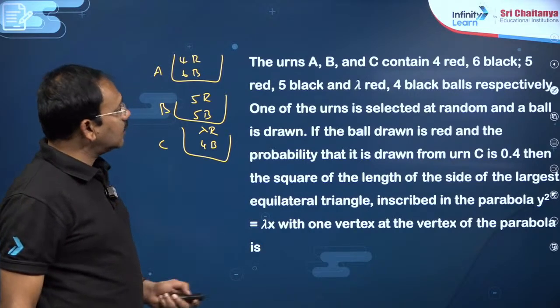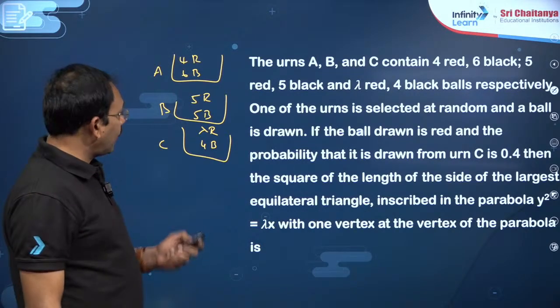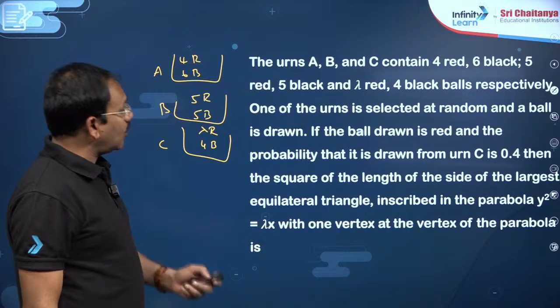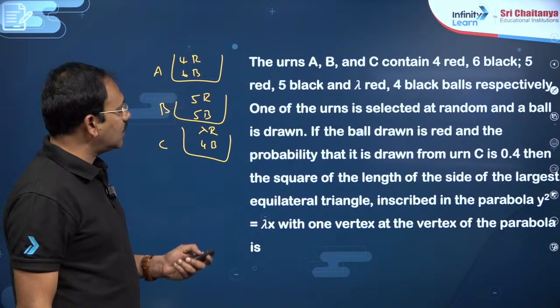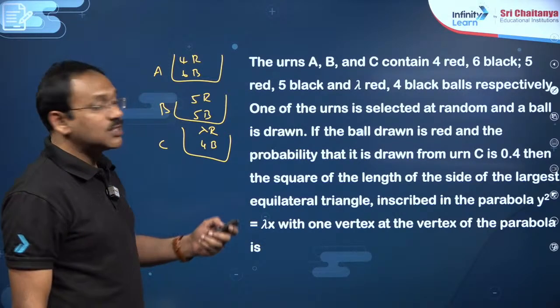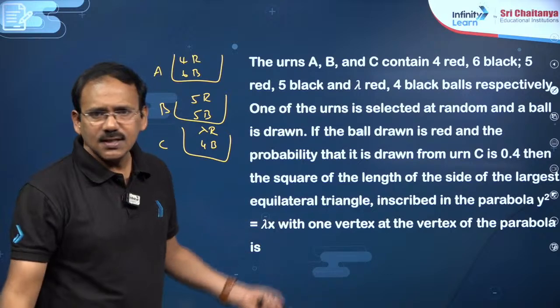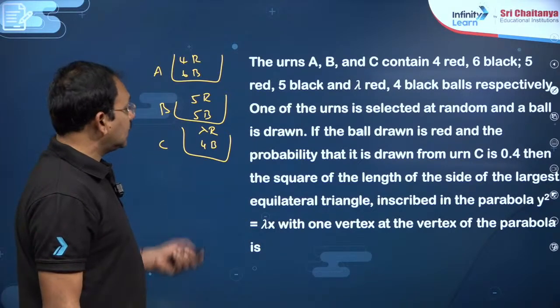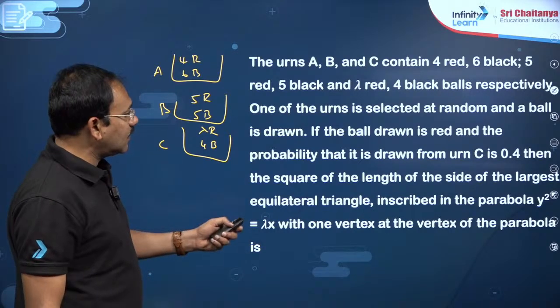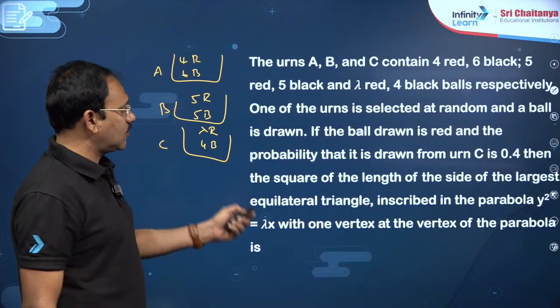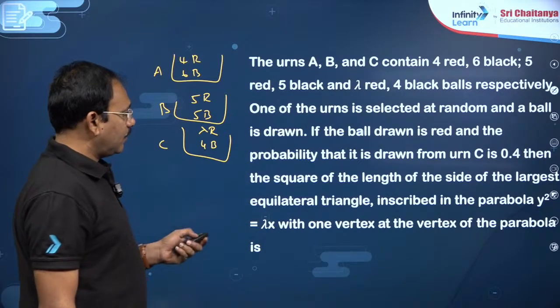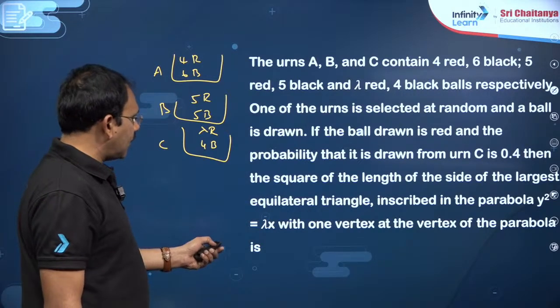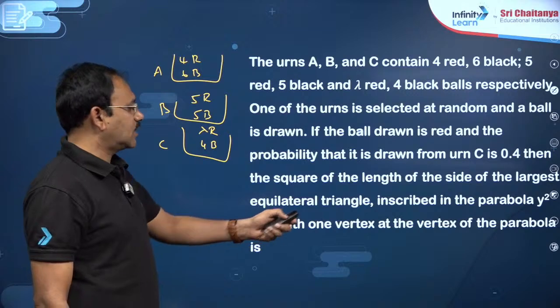Now, one of the urns is selected at random and the ball is drawn. If the ball drawn is red and the probability that it is drawn from urn C is 0.4, so this is obviously Bayes theorem. Then the square of the length of the side of the largest equilateral triangle inscribed in the parabola y square is equal to lambda x with the vertex at the vertex of the parabola.